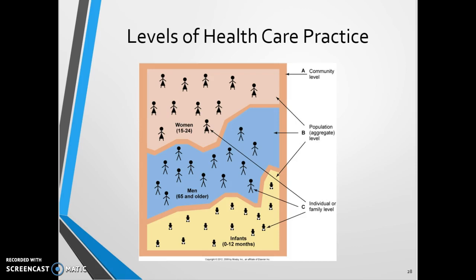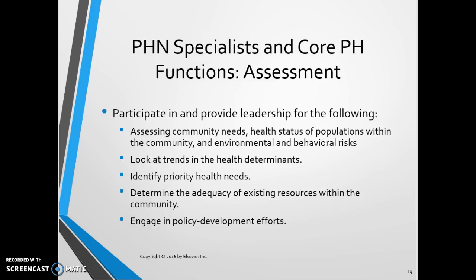And then our A arrows denote the entire population, and the public health nursing specialists are usually concerned with more than one subpopulation and frequently with the health of the entire community. So as you see, you've got different aggregates that affect different things. So public health nursing is important.